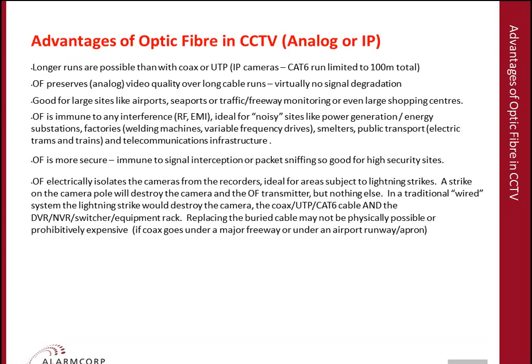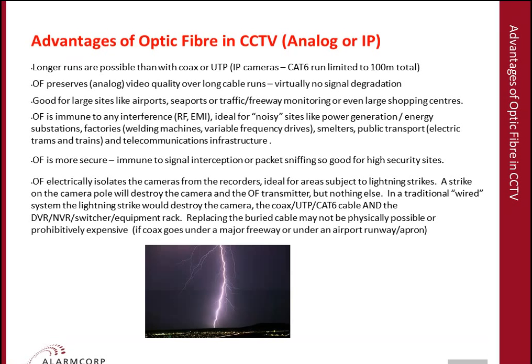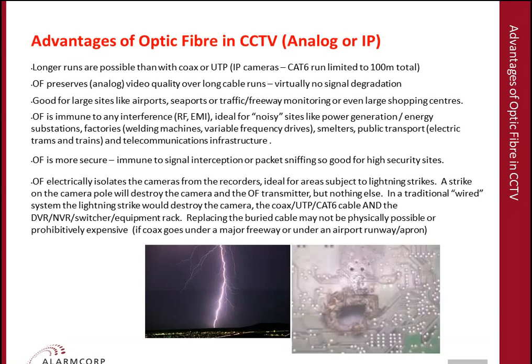But replacing the buried cable may not be physically possible or prohibitively expensive. And if we take the example of a coax cable that's buried under an airport tarmac or under a major freeway, you can appreciate how much disruption it would cause to say, we have to dig this up to replace the cable. So yes, the biggest single advantage in a CCTV system is actually the immunity to lightning strikes.